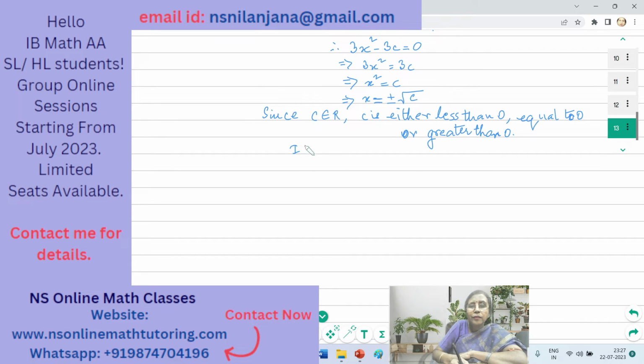If c is less than 0, then x is an imaginary number, which is not true.